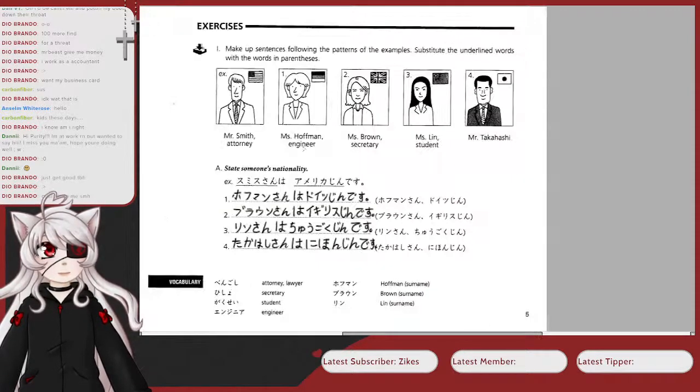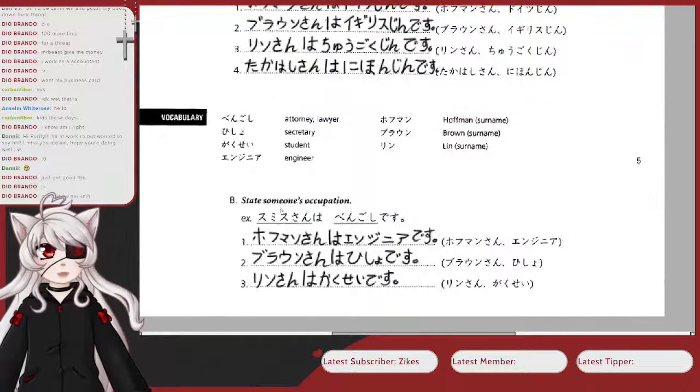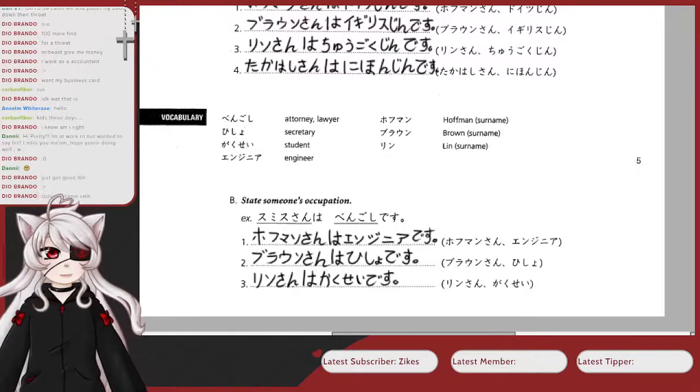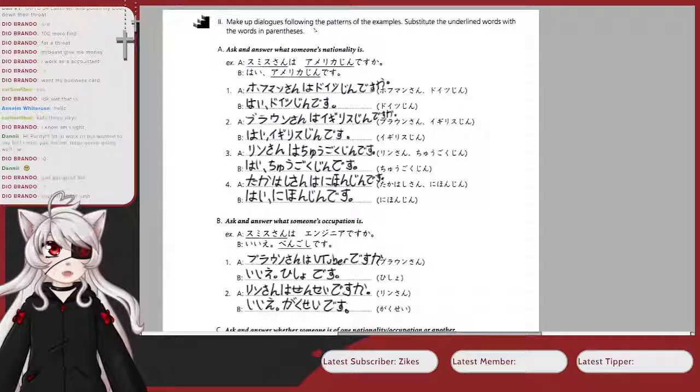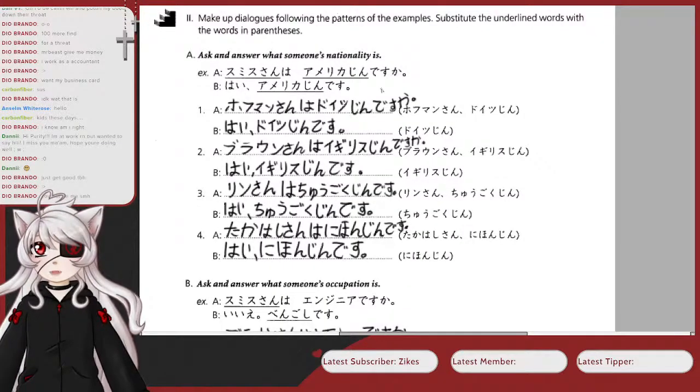So yeah, we've got stating everyone's nationality, which is simply name wa nationality desu. Then stating someone's occupation, which is just name wa occupation desu. And then name wa nationality desu ka is a question.